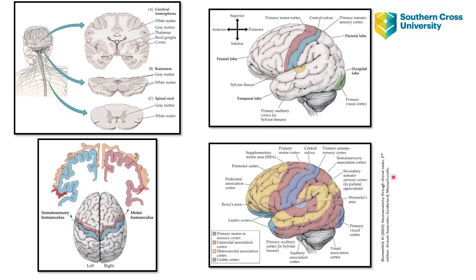So that there in a nutshell is a quick explanation of our cerebral cortex and its function in motor control.